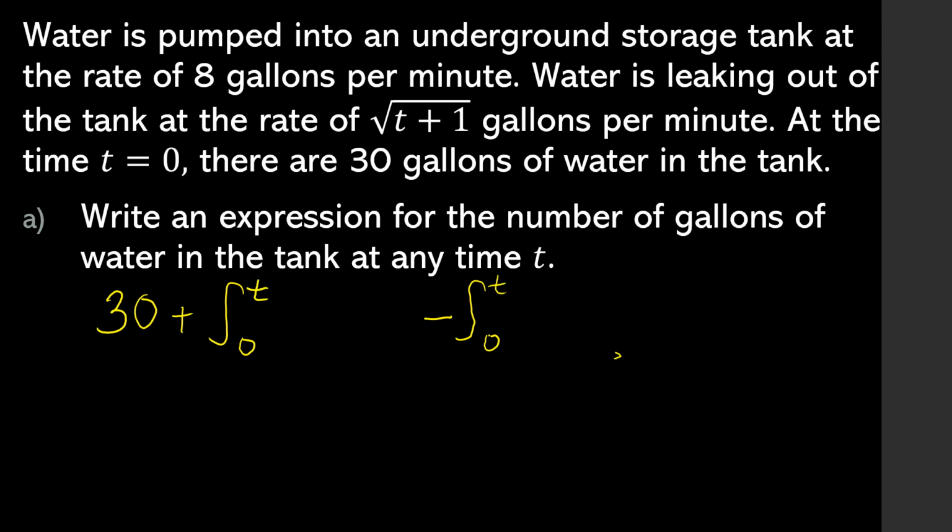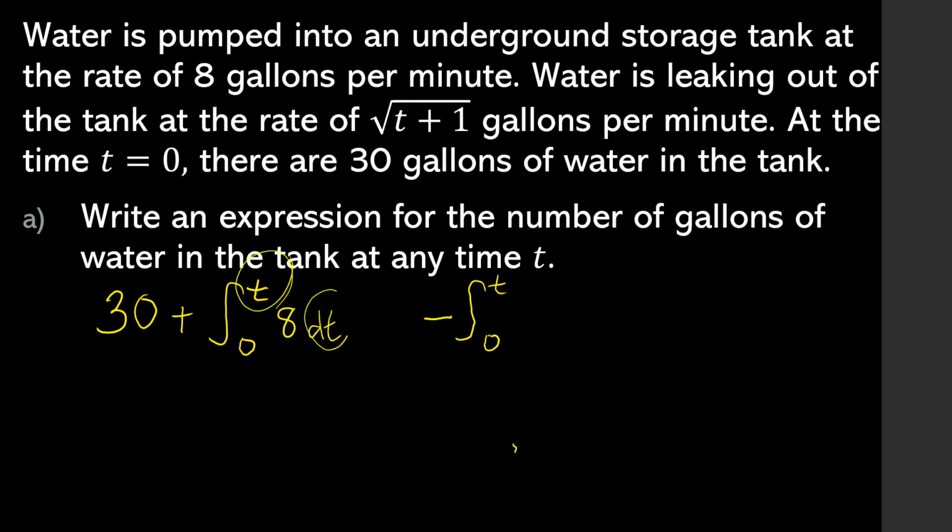So it's still going to be the amount of water we started with, the amount of water pumped into the tank, minus the amount of water that leaked out of the tank. The only difference is these are t's. You know what that means about the integrand, the stuff inside these integrals? So the 8 is going to stay the same, but we can't write a dt.